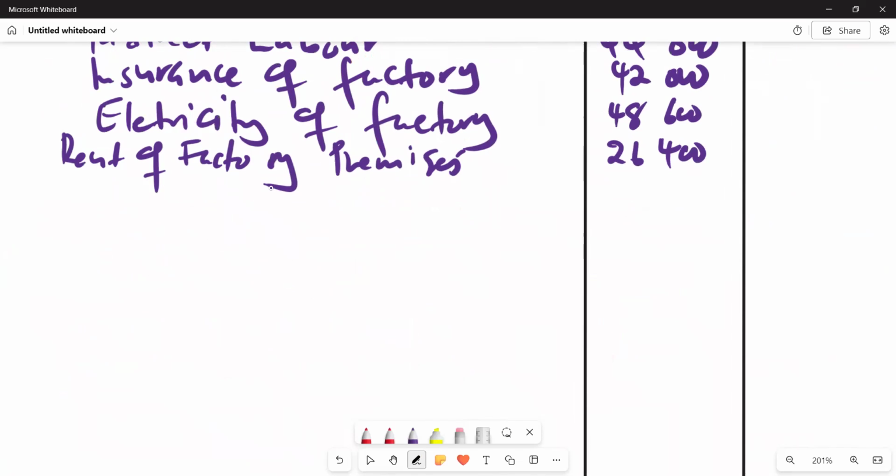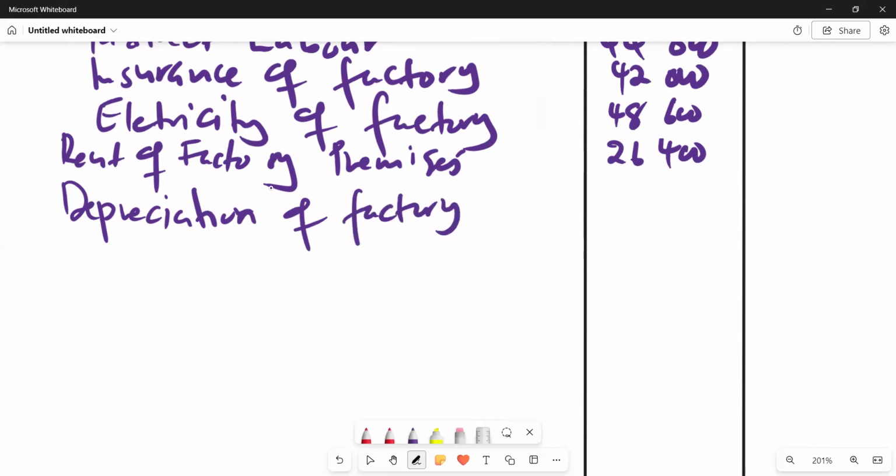Depreciation of factory. So this is what we have.